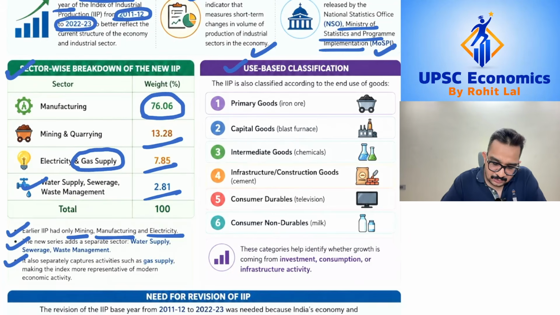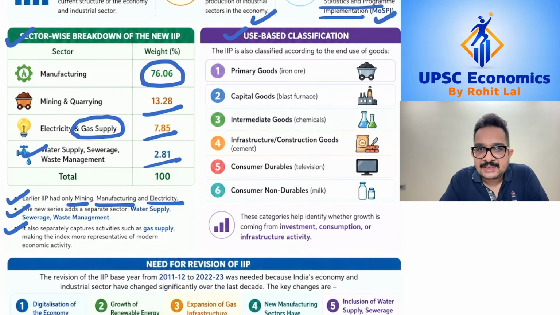So the key changes incorporated in the new index are a new sector of water supply, sewage and waste management, and an addition of gas supply as part of the sector of electricity. So this is the sectoral composition of the IIP.